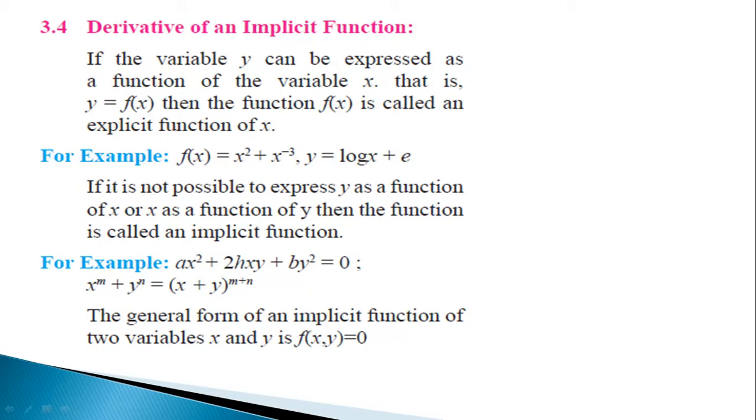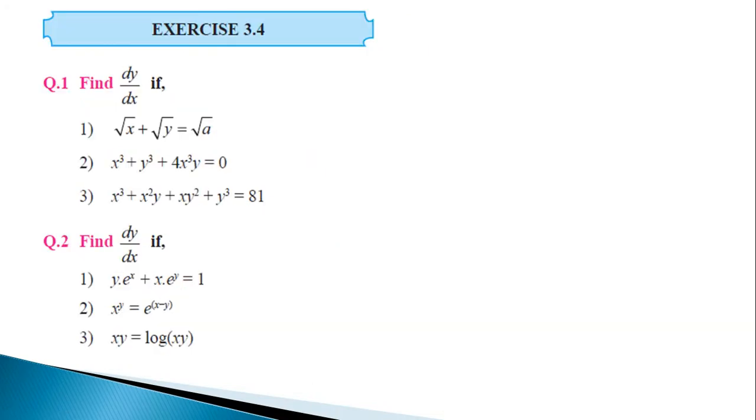In this lecture we are going to study how to obtain the derivative of implicit functions. Related to that, there is exercise number 3.4 in your textbook. See question number 1: find dy by dx if the function is given, root x plus root y is equal to root a. This is an implicit function.